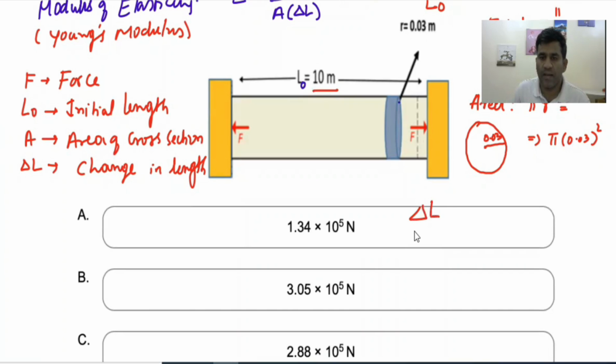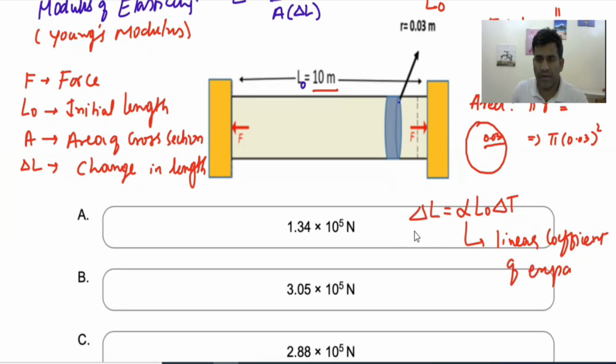Delta L will be written as alpha times L naught times delta T. Alpha is the linear coefficient of expansion, and on average the value of alpha is 1.2 times 10 to the power negative 5 per degree Celsius.